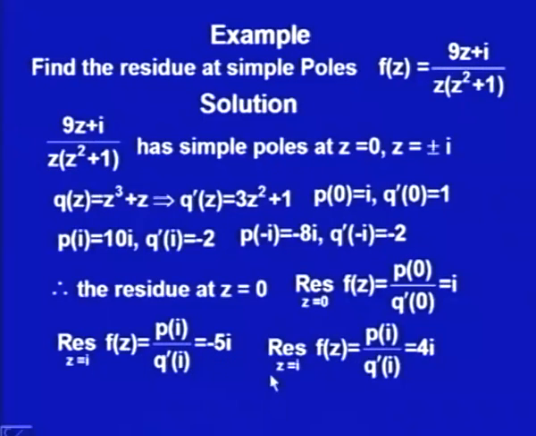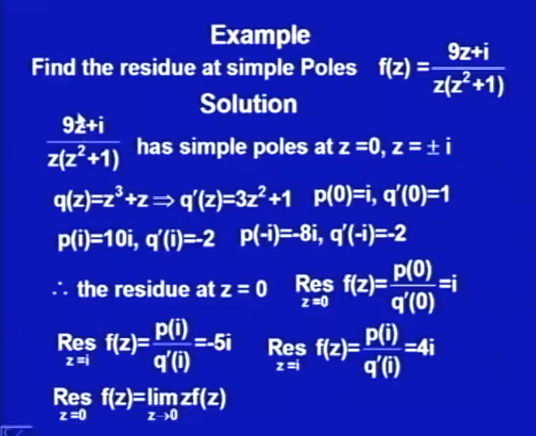Similarly, residue at z equal to minus i: p(minus i) is minus 8i, q'(minus i) is minus 2, I would get 4i. So, we have calculated the residue without really expanding this function or finding out any kind of expansions and worrying about what will happen, that is we just found out at all the singular points what the residue is.